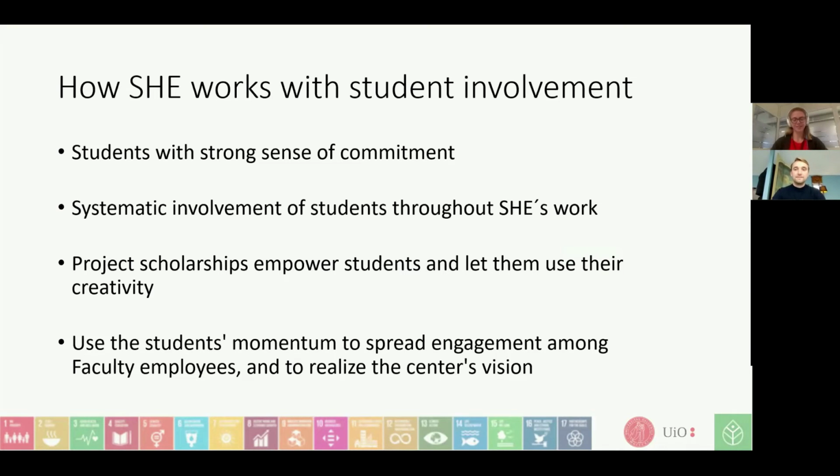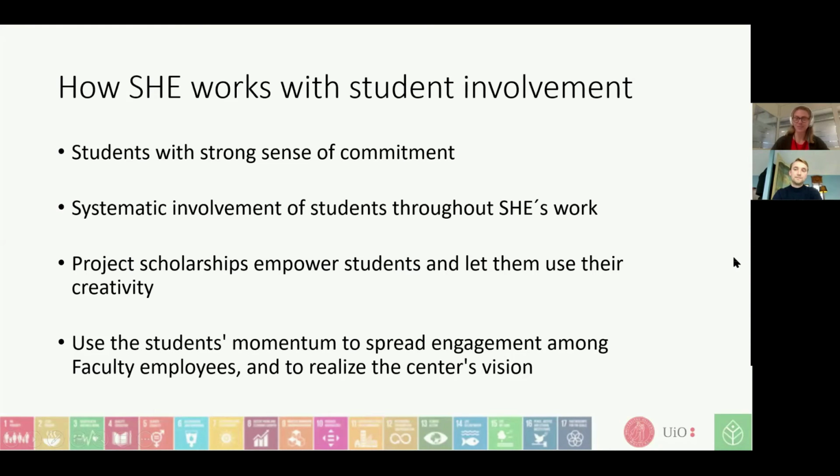Okay, as you heard Vebjørn say and the other presenters, implementation of the SDGs in health education is important. But for SHE, it's not just important that we do it, but also how we do it. The Faculty of Medicine at the University of Oslo is fortunate enough to have students with a really strong sense of commitment.